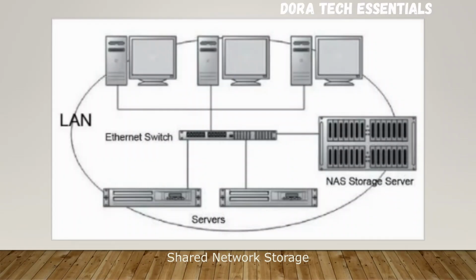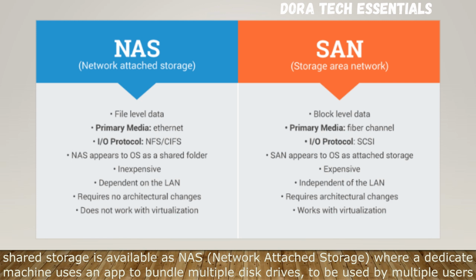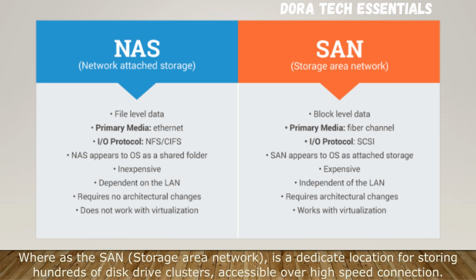Shared network storage. Shared storage is available as network attached storage, where a dedicated machine uses an app to bundle multiple disk drives to be used by multiple users, whereas the storage area network is a dedicated location for storing hundreds of disk drive clusters accessible over a high-speed connection.